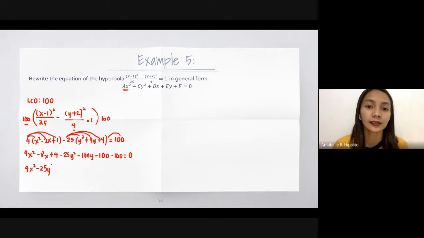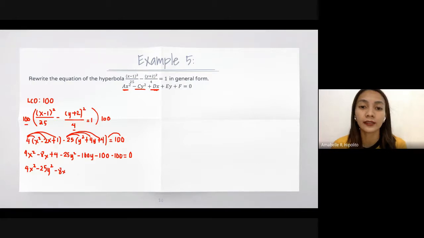Next, we have x, so minus 8x, since there is no other term with x. Next is y, so minus 100y.